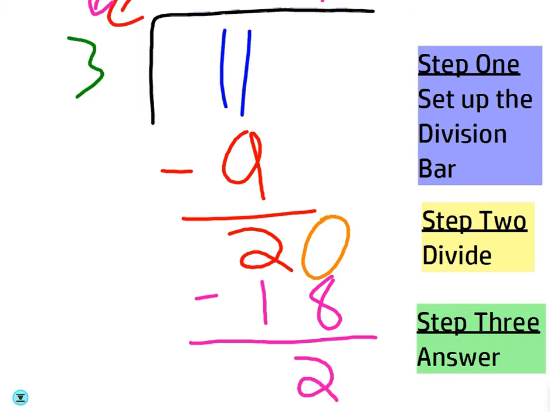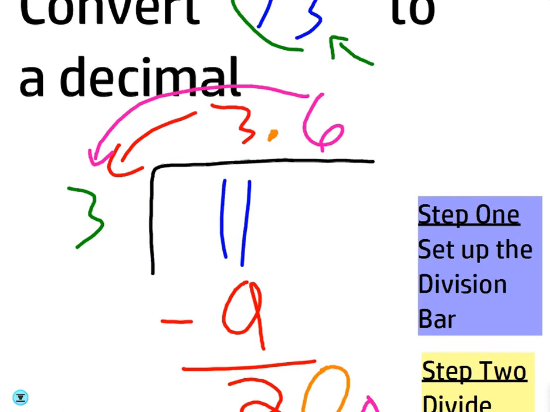It's going to be 3.66 with a bar on it. So you guys can already see that there's going to be a pattern here. I'm going to keep getting 2 and 0 back, no matter what I do. I'm going to get 18 again, if I subtract. So if I just keep getting 6 back, then I really don't have to write the 6 again. I can just put a bar there, which means the 6 is going to go on forever.